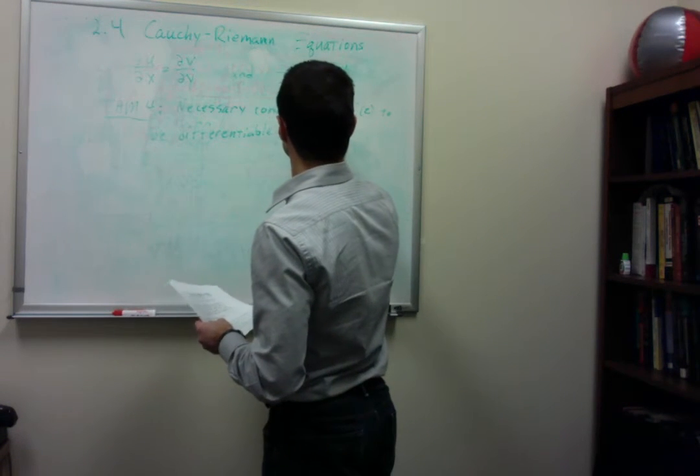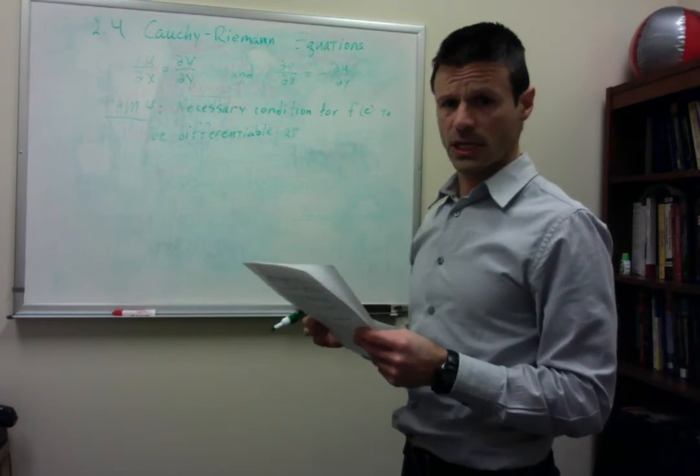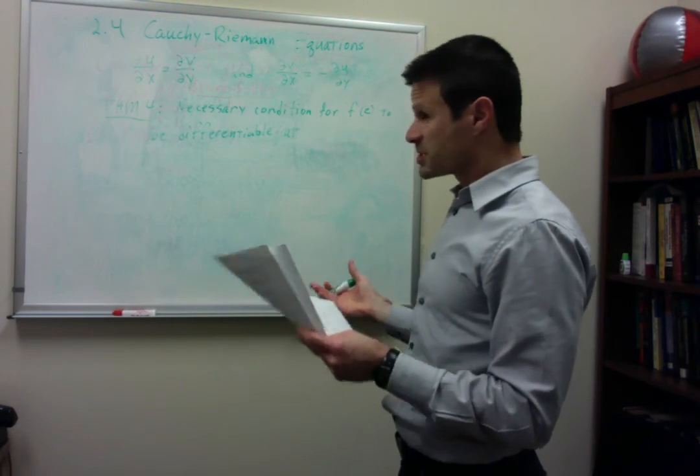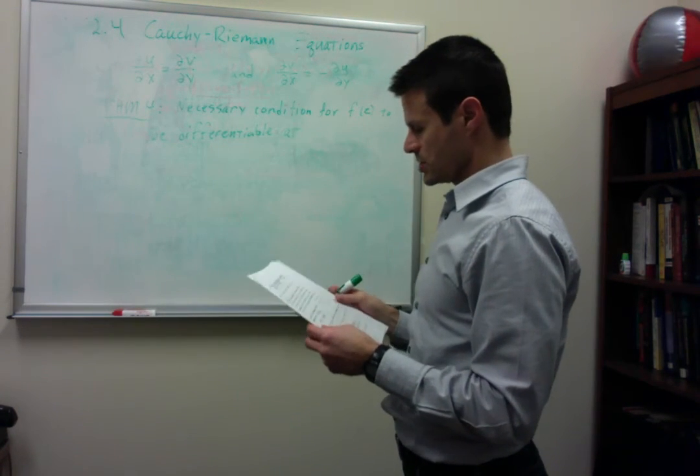And I did this for an arbitrary value of z, okay, but if we look at a specific fixed point z sub 0, we want the Cauchy-Riemann equations to hold at z sub 0.